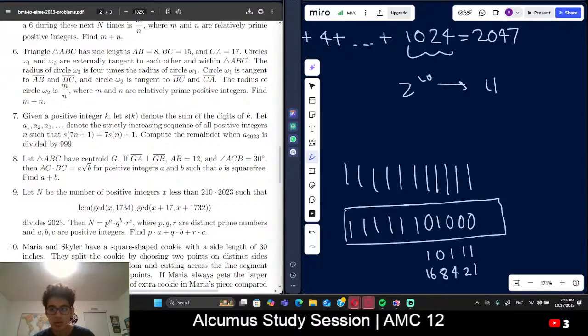Isn't this going to be the case? This should be what we have, right? Because essentially, yeah, because it's a strictly increasing sequence. So 22 would now be, no, wait, am I?